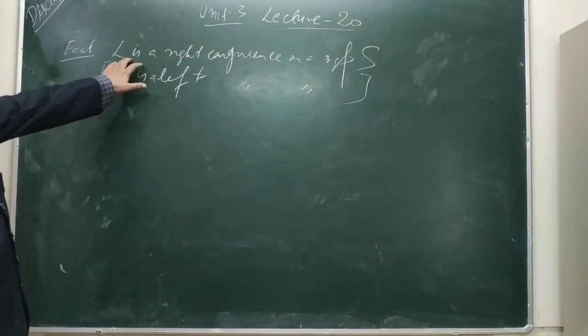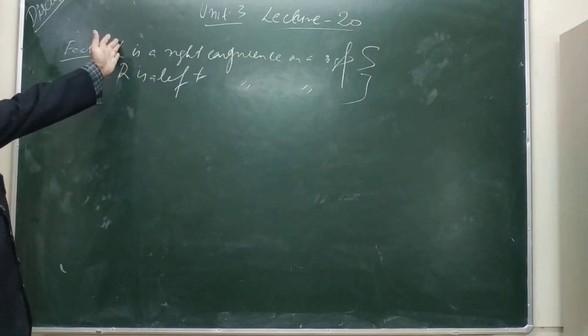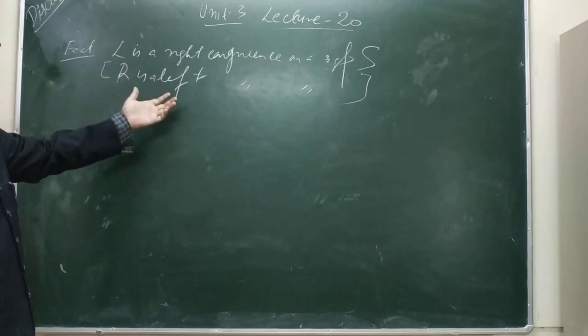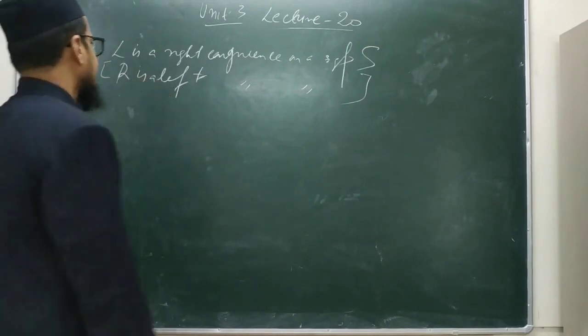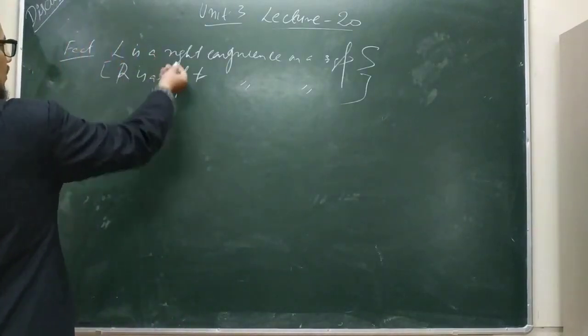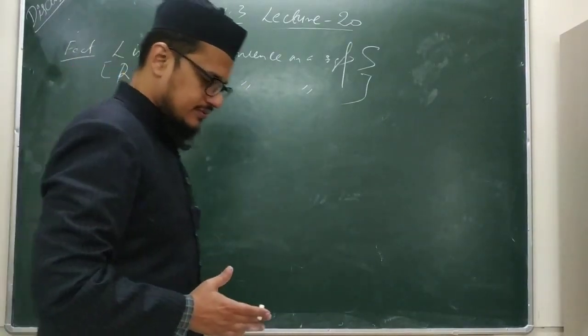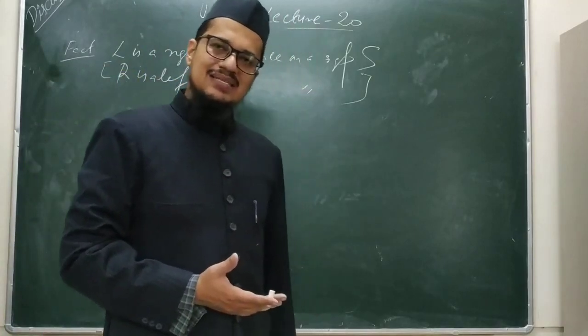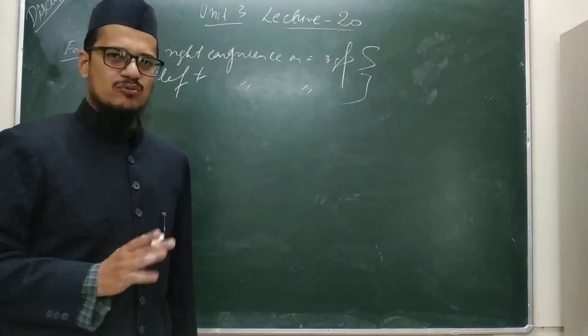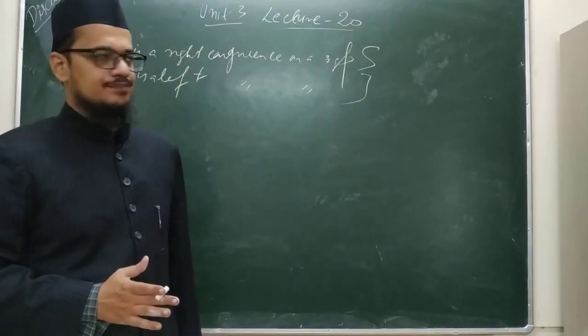So this is a very trivial proof. I will do it for L and leave it as an assignment for R. So we have to prove L is a right congruence. We know that L is an equivalence relation, isn't it? All these are equivalence relations on a semigroup S, correct?